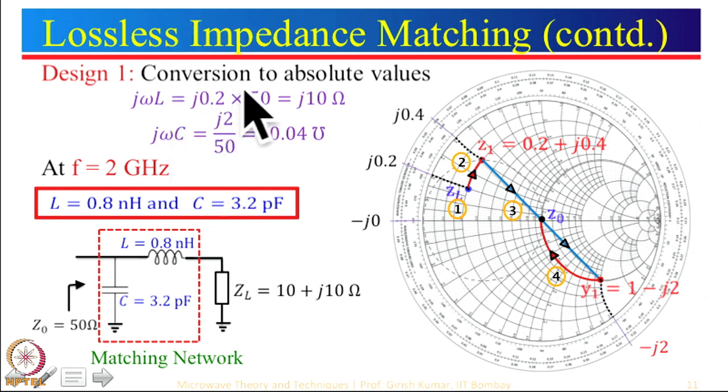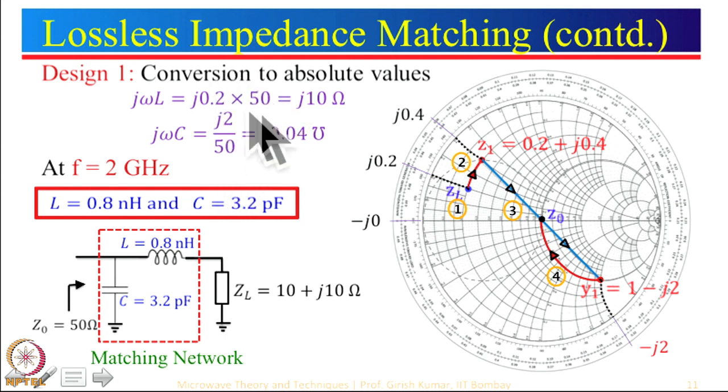The next step is conversion to the absolute values. The first thing was j 0.2, but that was a normalized value. So we have to multiply with 50 so that it becomes a denormalized value, and this is equivalent to j omega L. So this is j 10 ohm. And what was y? Y was j omega C, which is equal to j2, and in y we have to divide by 50.